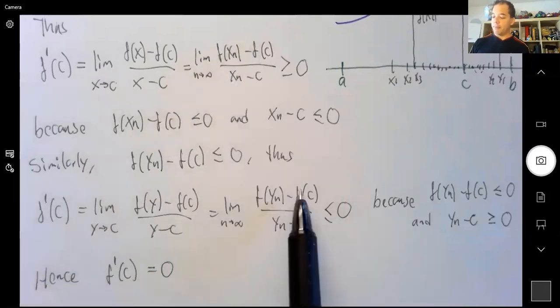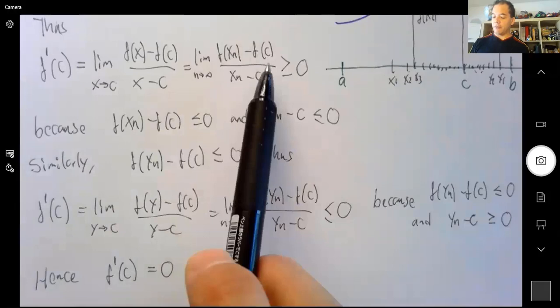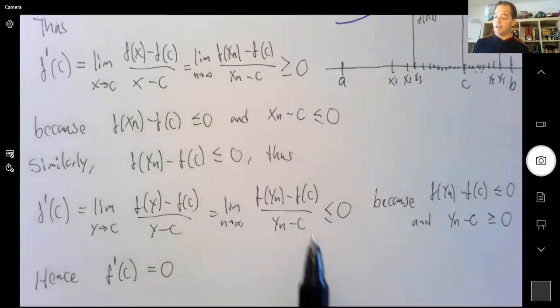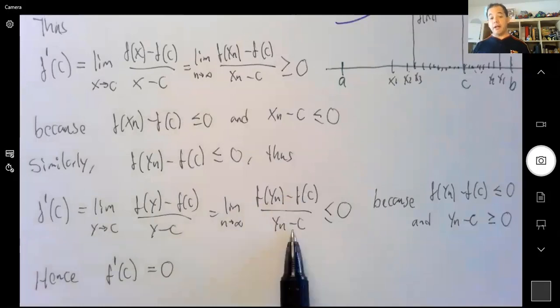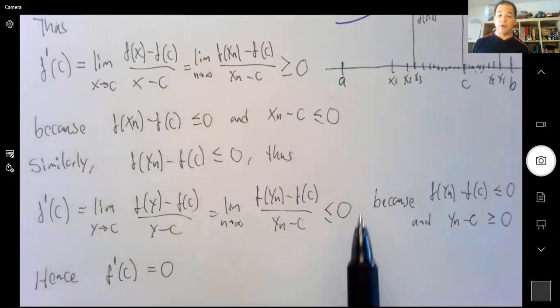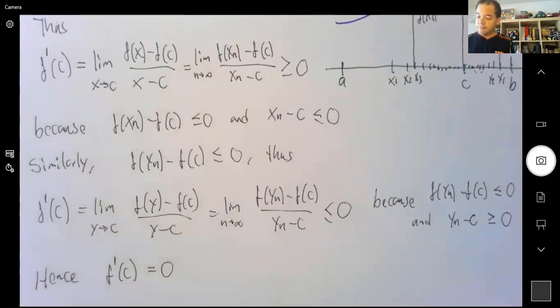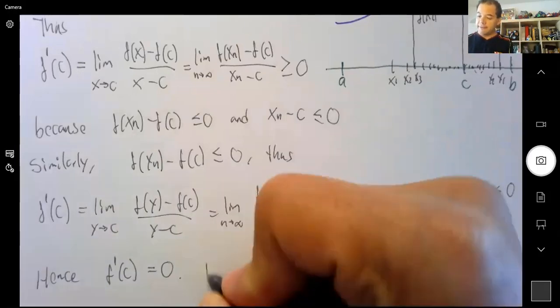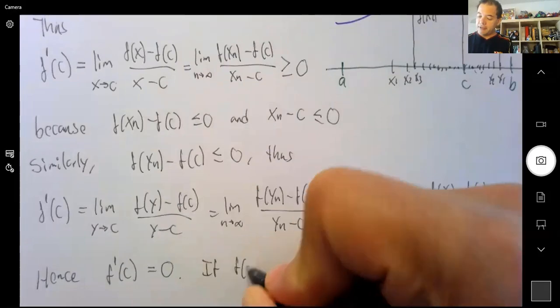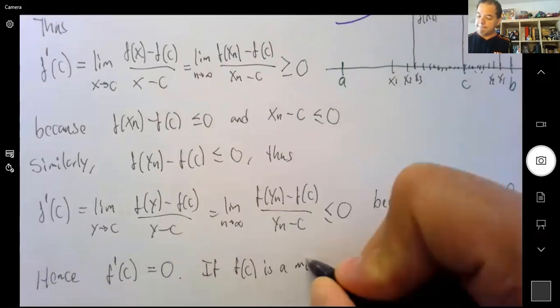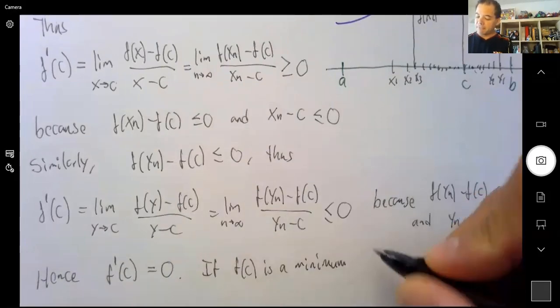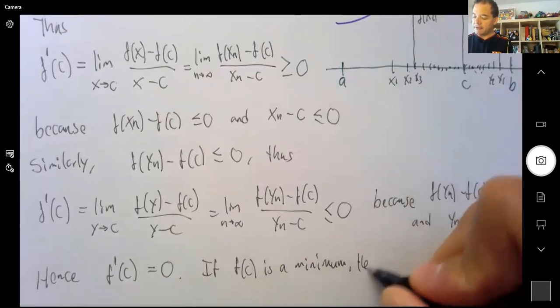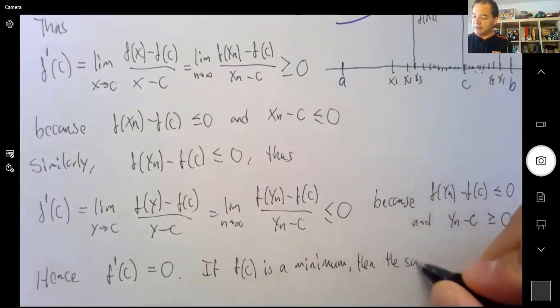So over here will be positive divided by negative, so it will be less than or equal to 0. And over here will be positive divided by positive, greater than or equal to 0. So you're going to get the same thing, that it is equal to 0. So if f of c is a minimum, then the same argument works.